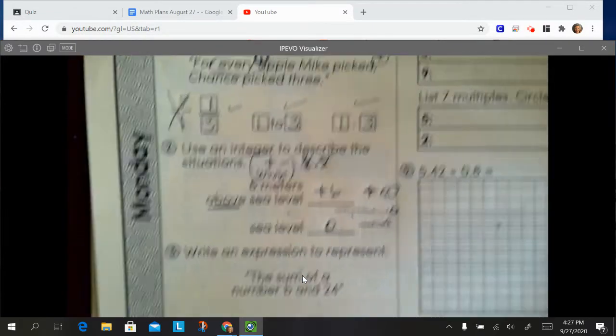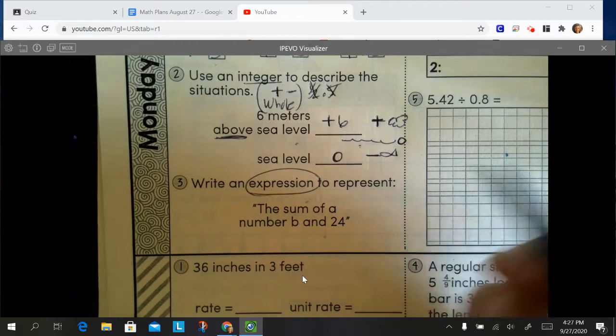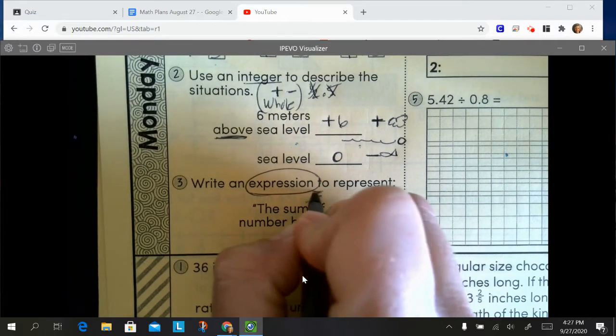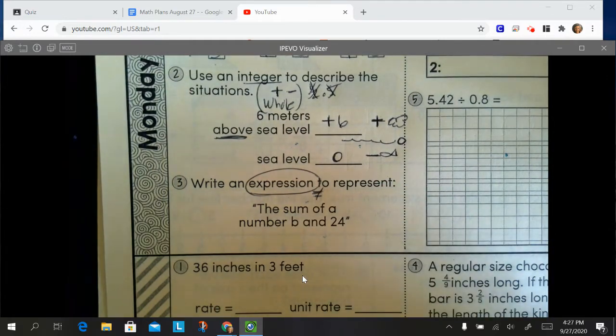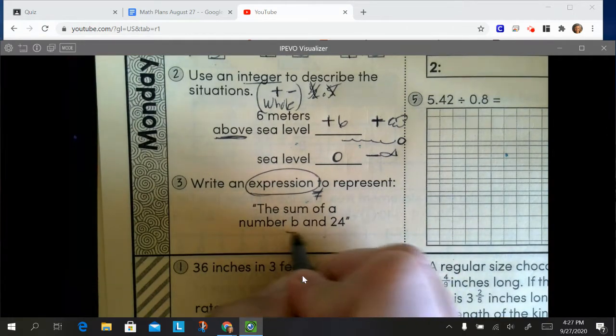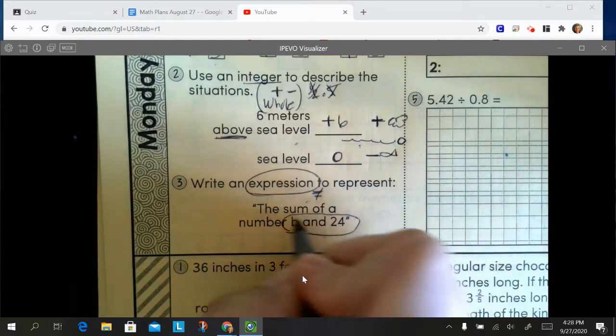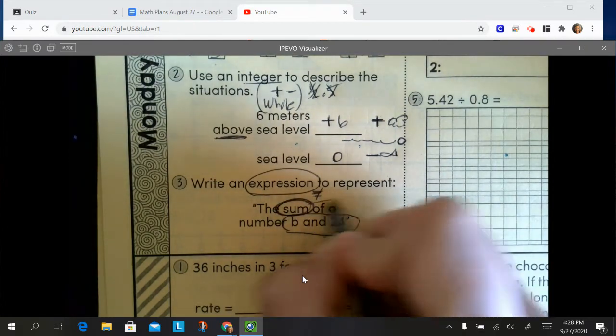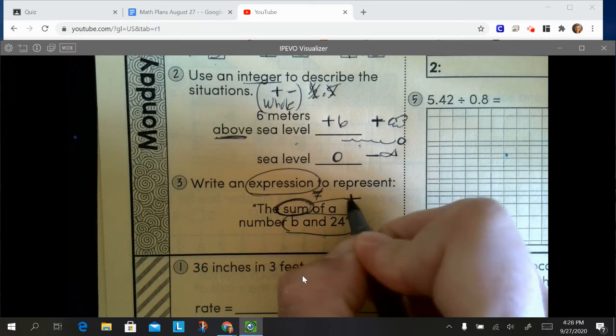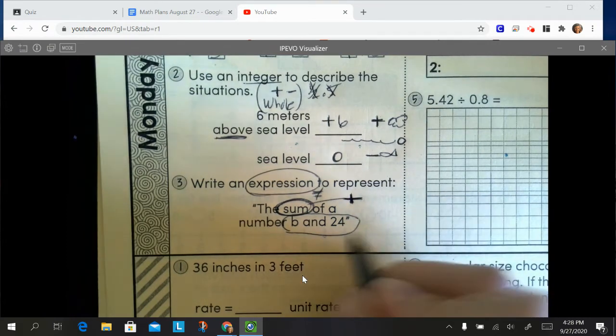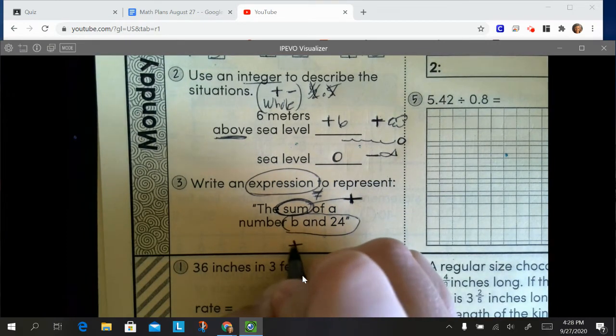Good job. Number 3, write an expression. Remember, an expression does not have an equal sign. They just want us to represent this: the sum of a number b and 24. Well, the sum is positive, that just means addition, so you want to make sure you have a positive sign.